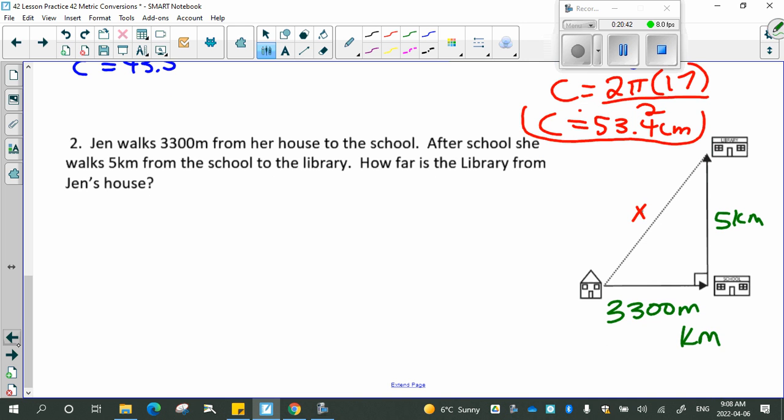So if I do that, 1, 2, 3, I end up with 3.3 kilometers. And I like how Charlie said that 3.3 kilometers is 3 kilometers and 300 meters. That shows a really good understanding of what that number means. It's good. Okay, so now we're ready to use Pythagorean theorem.